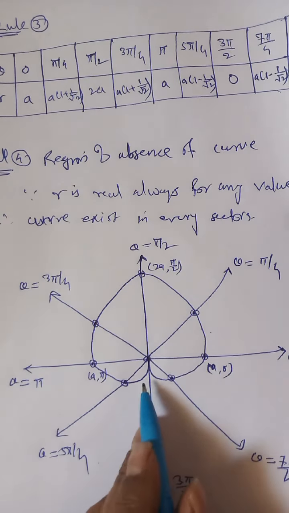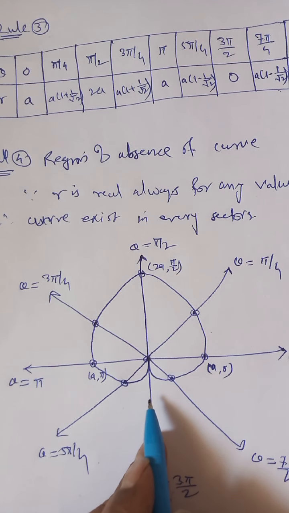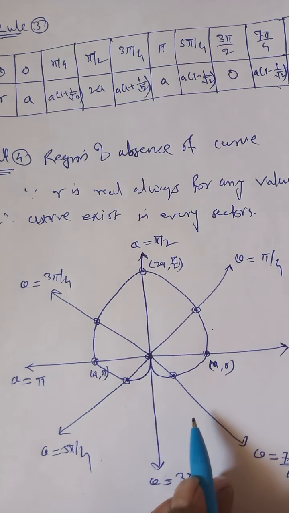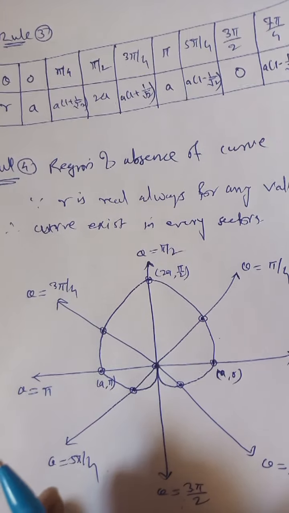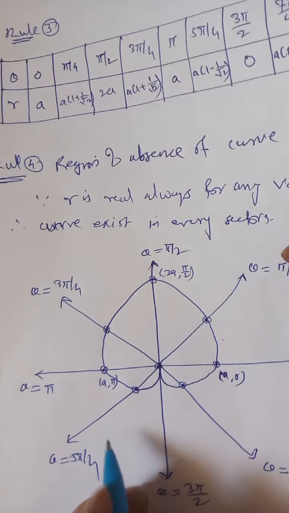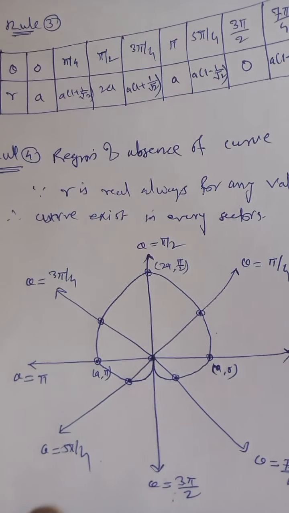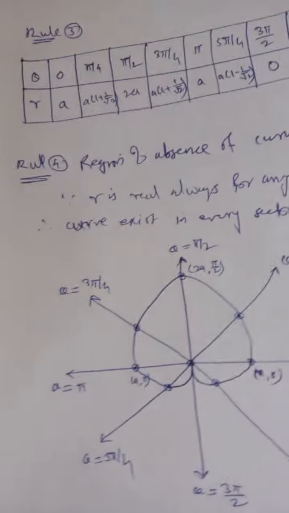So this is the rough sketch of r equals to a into 1 plus sine theta. Okay, a rough nature of the curve for the equation r equals a into 1 plus sine theta. So this is the simple way. Now we'll discuss two more examples so that you'll get a clear idea about this.